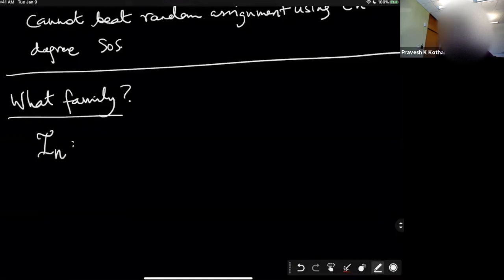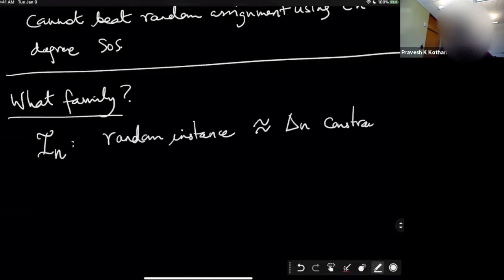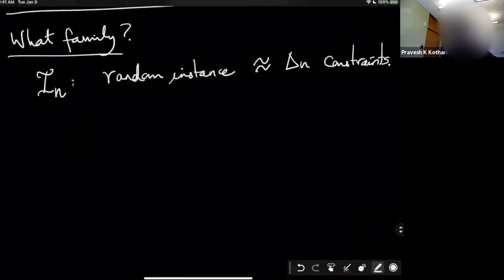I'm going to describe one for every N. Here is how I'm going to construct an N variable instance in this family. I'm going to construct a random instance with about delta N constraints. Okay, so what does that mean? Here is how I'm going to sample the constraints.